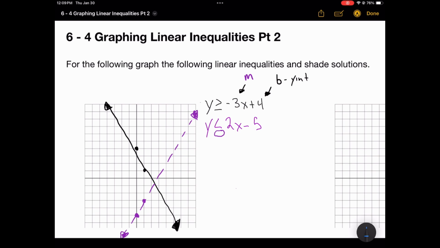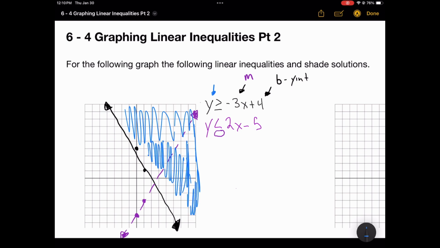So how I do this is I look at the first line, okay? And let's look at this first line right here. Y is greater than the line. That means I'm going to shade vertically, and I'm only shading vertically just so you can see the contrast here, okay? And I'll show you what I mean by that. Y is greater than the solid line or the black line. Great.